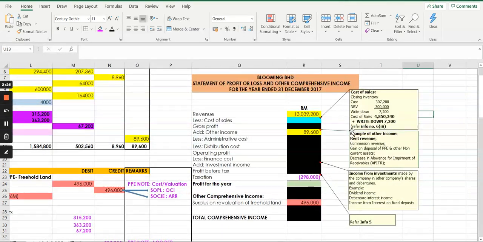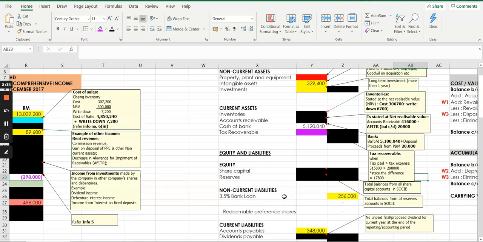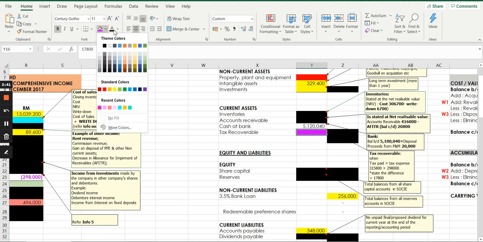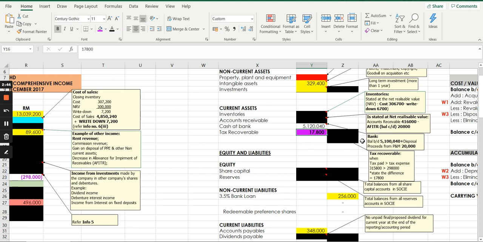So now you have one item here, 298,000, your expense, and at the same time it will be included here in your tax recoverable. Tax recoverable happens when your tax paid is more than your tax expense, and the difference you need to find is 17,800. Now we go to the next adjustment.